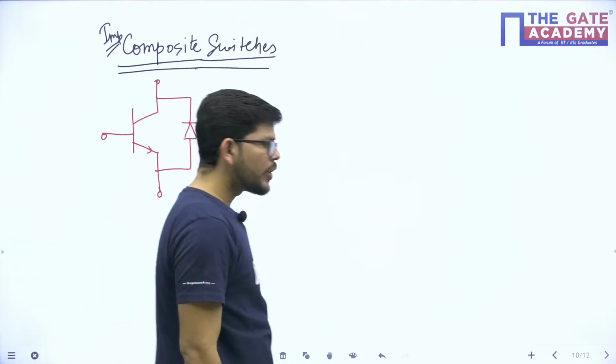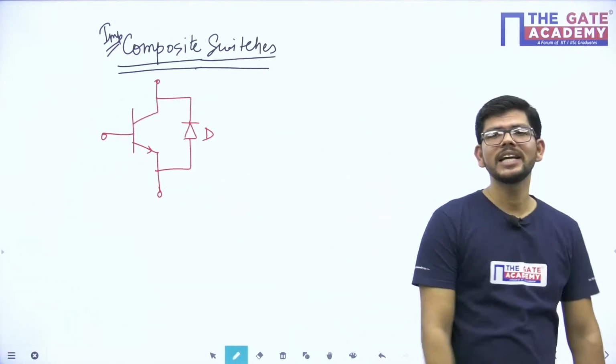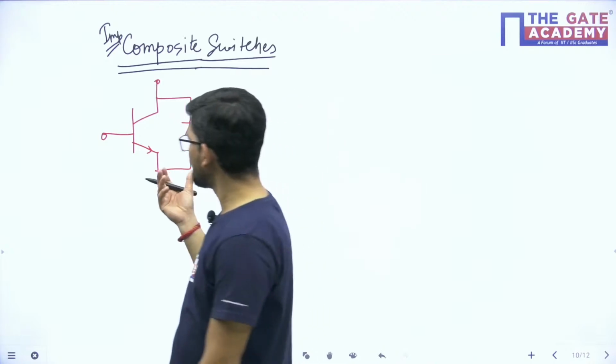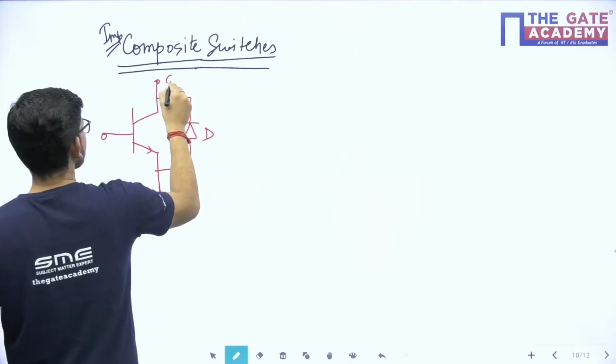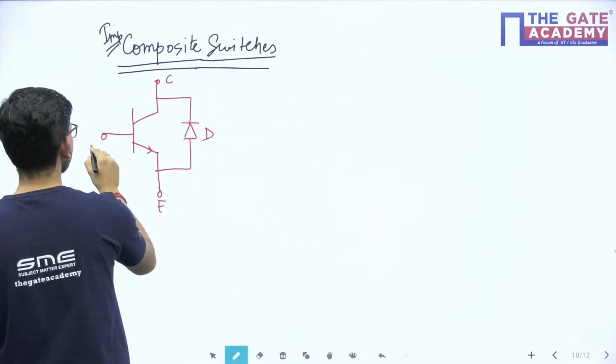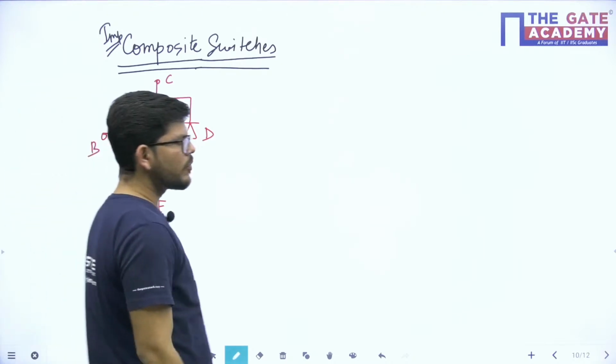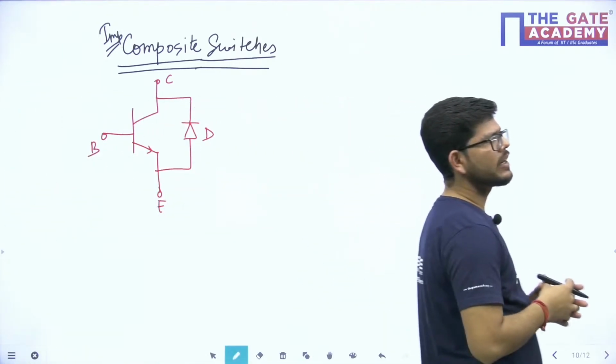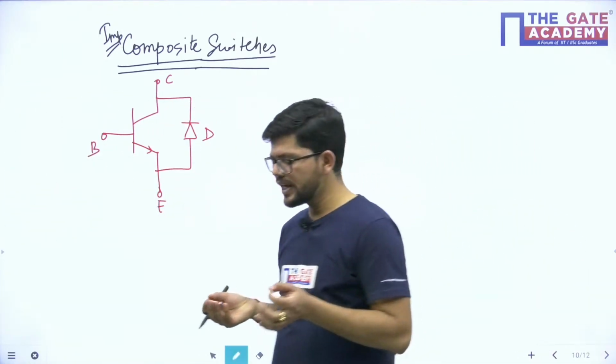This is collector, emitter and base. When two devices are connected in parallel, what will be the safe operating area for those devices?